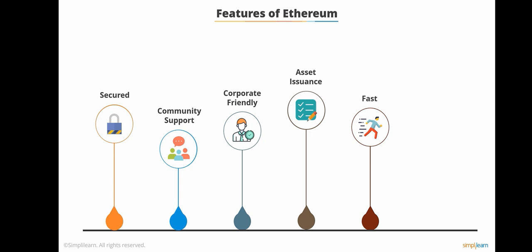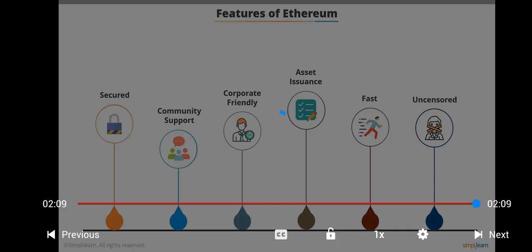While Bitcoin requires a block time of 10 minutes, in Ethereum, it's only a few seconds. The last feature that we will discuss is the fact that Ethereum is uncensored. Ethereum's open source network allows complete transparency to view every transaction. All right, that's all about the features of Ethereum. Let me tell you about an important concept in Ethereum called gas.